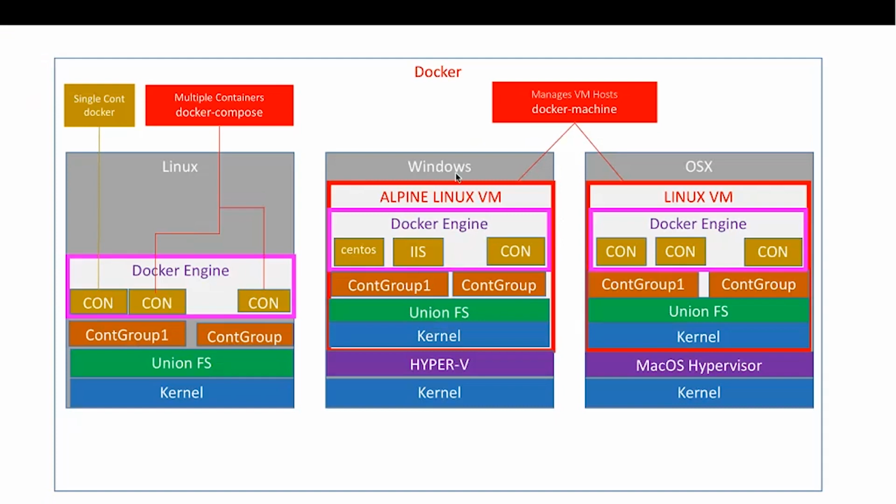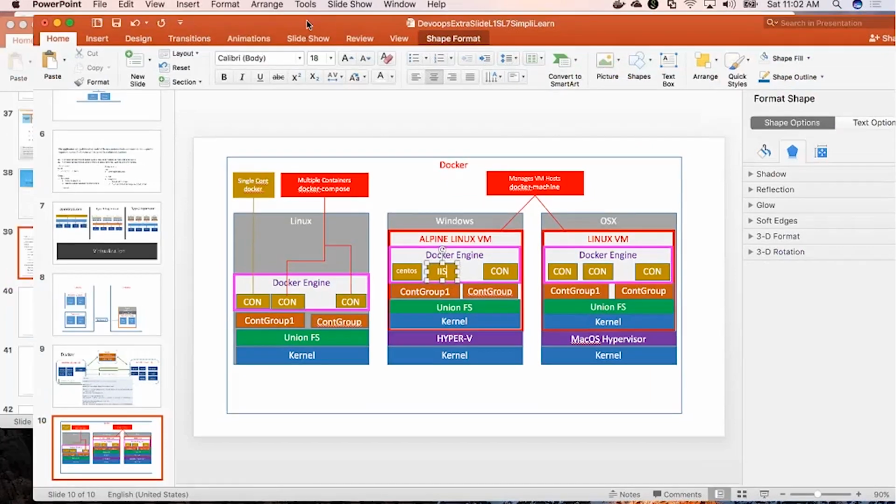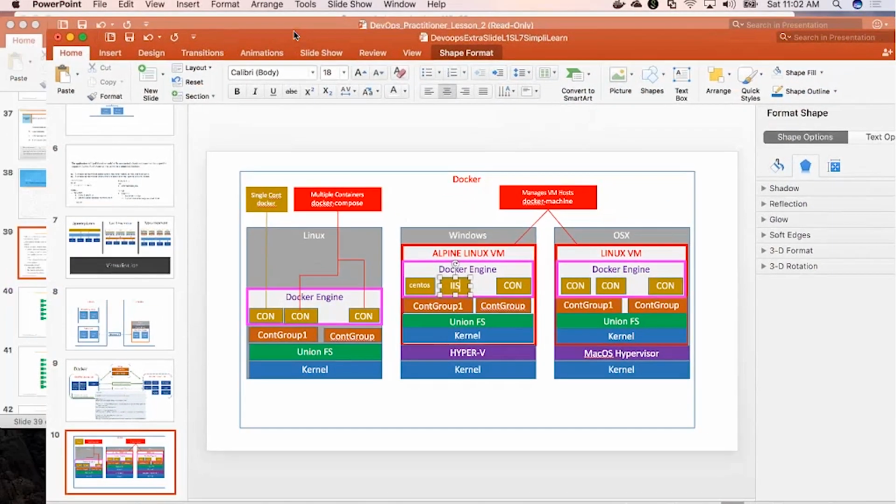We talked about how Windows and Mac OS build VMs for Docker. But essentially, using Docker Machine, I can build a Docker host, or a VM dedicated to running containers, right?